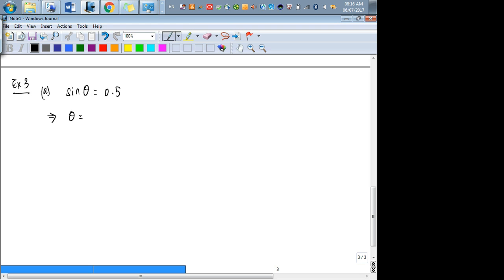Theta will be equal to what? 0.5? No. Inverse. Remember inverse? We write sine inverse. We don't really call it negative one. Sine inverse 0.5. Okay, then what do we get? Try it.